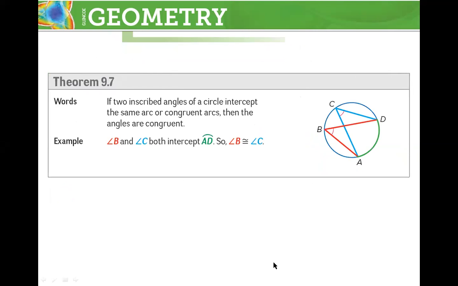Okay, the second theorem is a relation between two inscribed angles that subtend the same arc, and they are congruent.